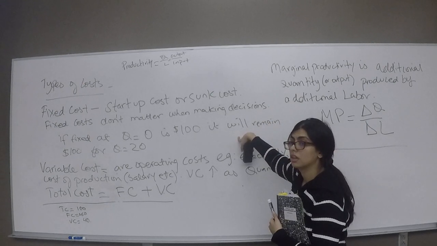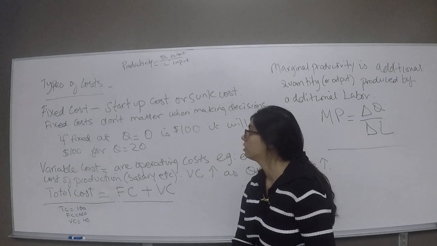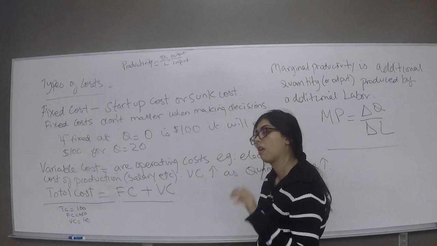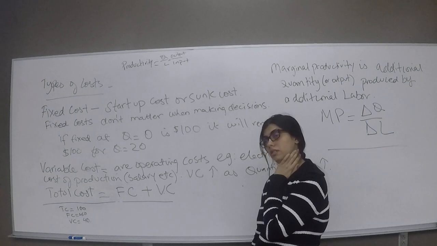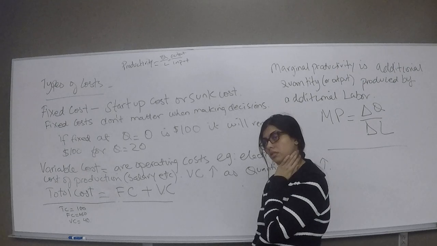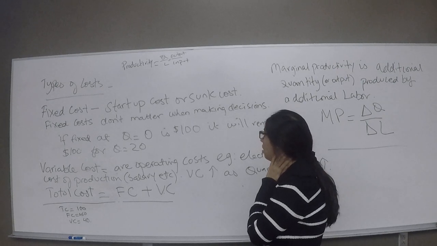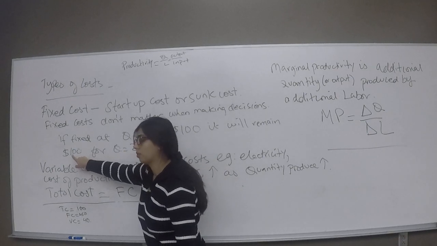The first part I understand, that at quantity equals 0, you pay 100 to start it up. What I don't get is what 100 for Q equals 20 means. But when you're producing 20 quantity, it's still costing you $100.